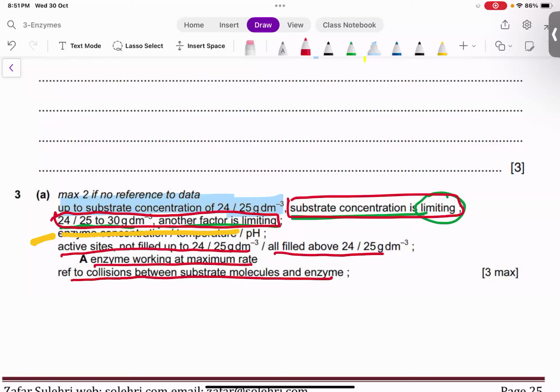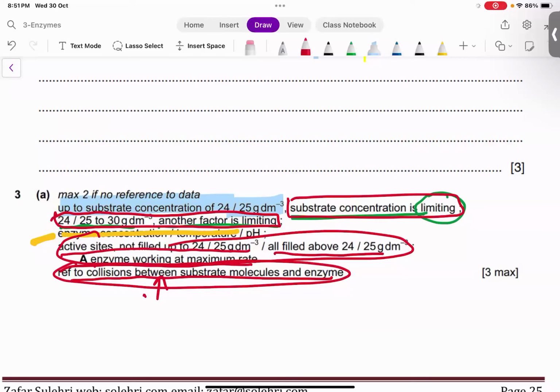The more substrate molecules, the more collisions between substrate and enzyme. So this is up to 25 and this is above 25. These are the 2 points that you must be able to write in your answer. This limiting factor is not essentially needed right now.